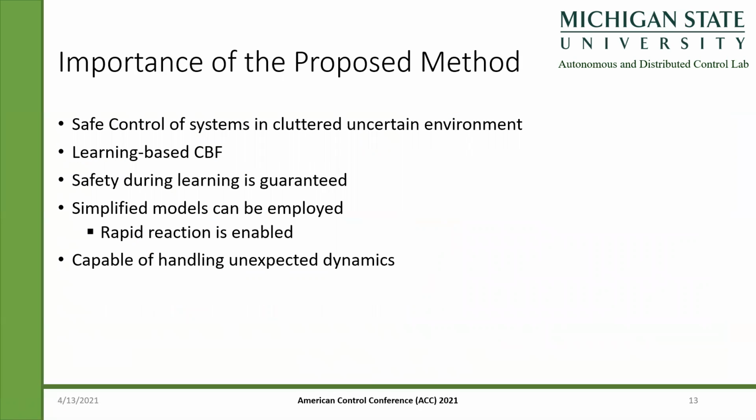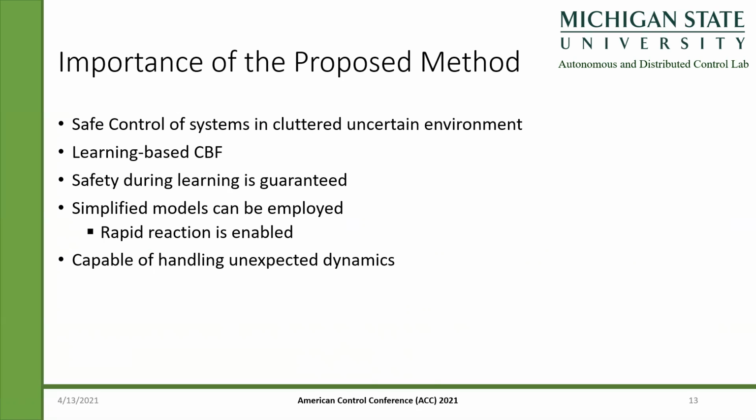As for the importance of this method, we propose a learning-based barrier function and extend the application of barrier functions to cases where we really have uncertainty in the system and in the environment. We examine how we can safely operate when the environment is cluttered and uncertain. The other important thing is that we have safety during learning.